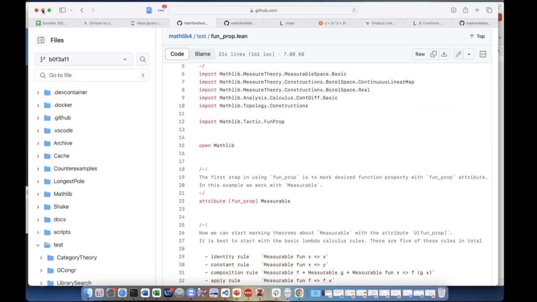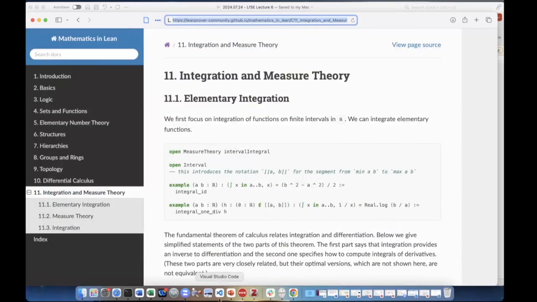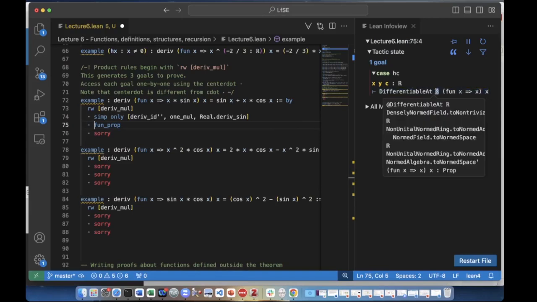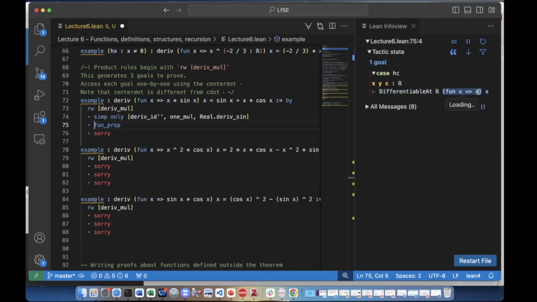And the idea is you would find very common functions, and in our case, coming back to the code, the very common function is x, a real number, just some variable being a real number, that is differentiable at all values. So this function has now been tagged with differentiable, and you just need to run funprop, and it finds that tag and says, you're differentiable, since my goal was proving differentiability.